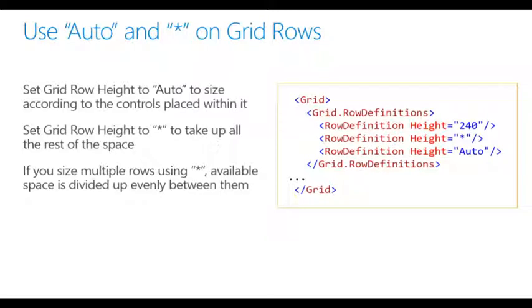So here's an example actually taken from the Contoso Cookbook. We've got 3 rows. The top row is explicitly sized as 240 pixels. The bottom row has been given a height of Auto, which means it will get a size according to the visible elements that are in it at runtime.